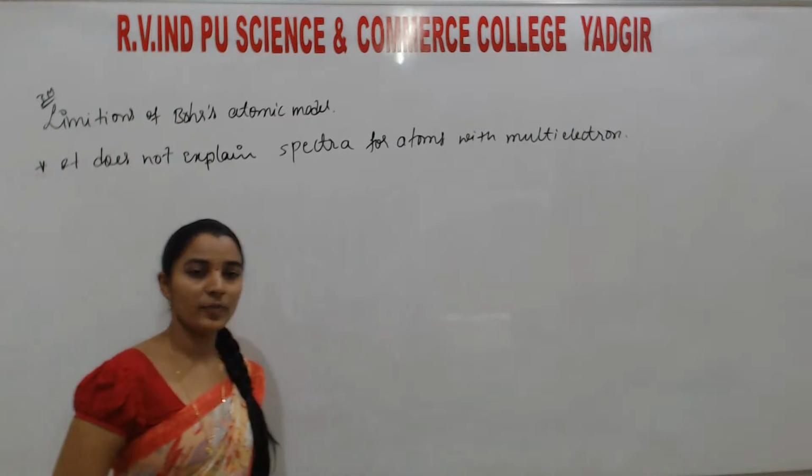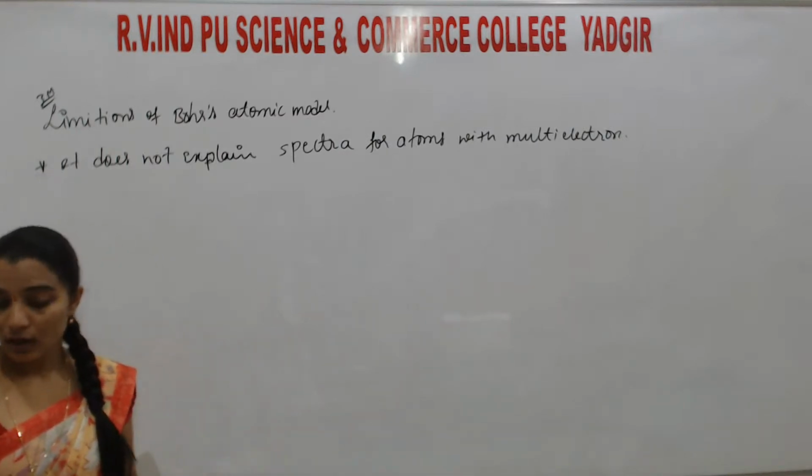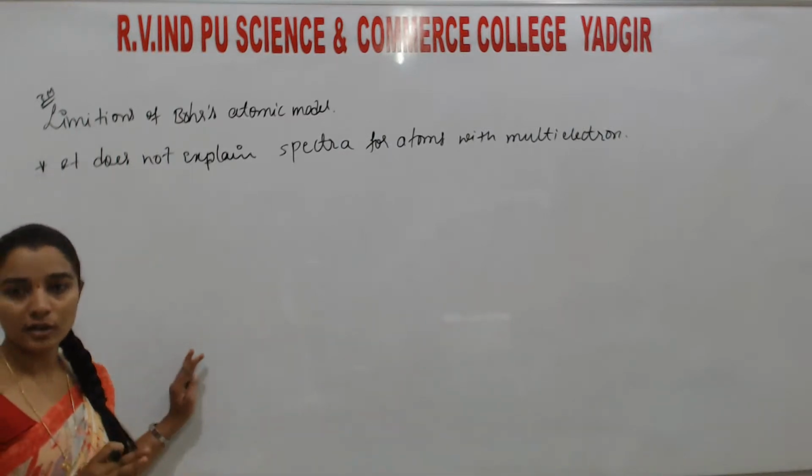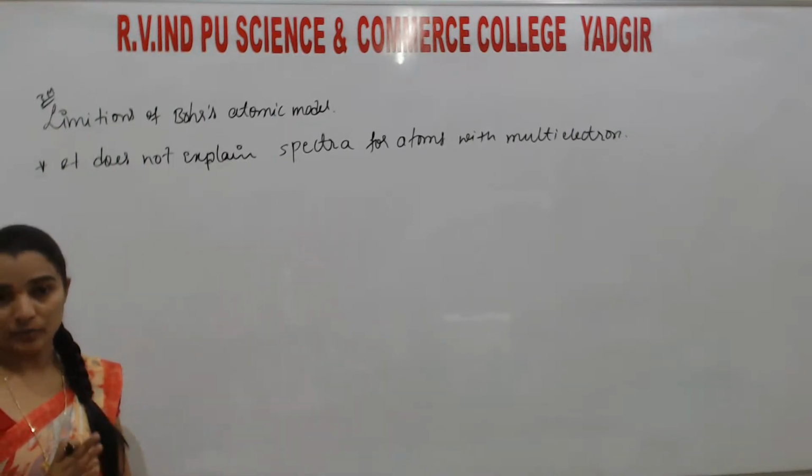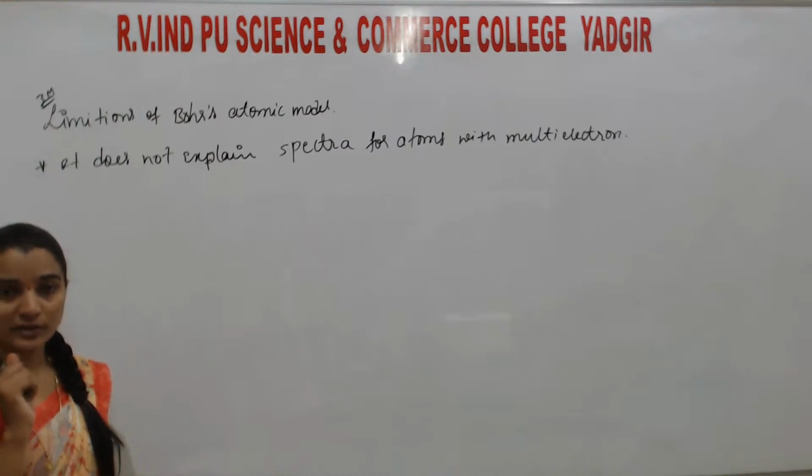It successfully explained spectra for a single electron system, hydrogen-like atoms, but it fails to explain spectra for atoms with multiple electrons, meaning more than one. That is the first limitation.